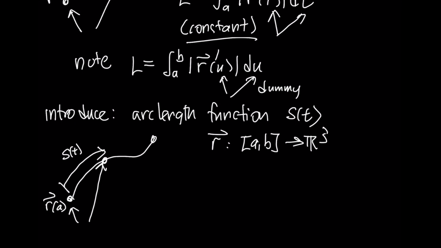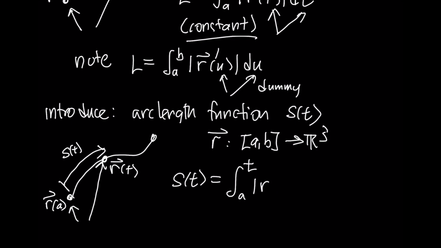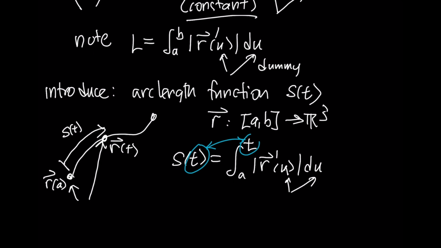And now instead of having a length, which is constant and fixed, we are now going to integrate from a to t the derivative magnitude. The u is a dummy variable, so it doesn't really matter what we choose. We just don't want to choose t, because this variable and this variable have to match. That's what makes it a function. Essentially, it's like taking a piece of string and measuring how long it is from the beginning of the curve to the point that I have there at the end.